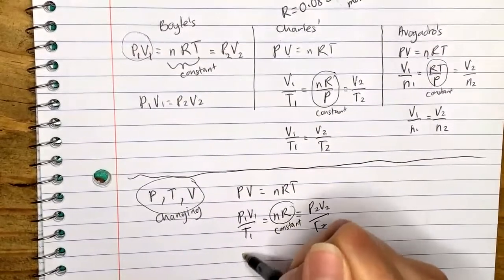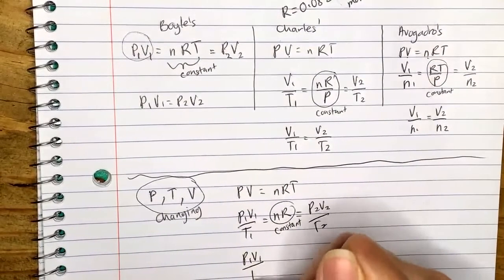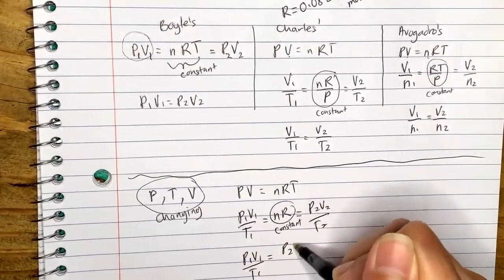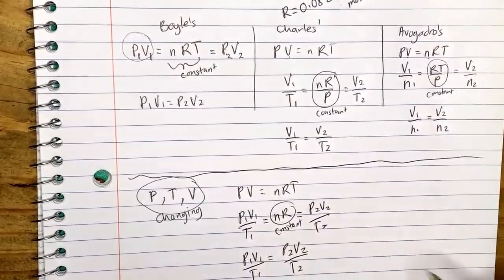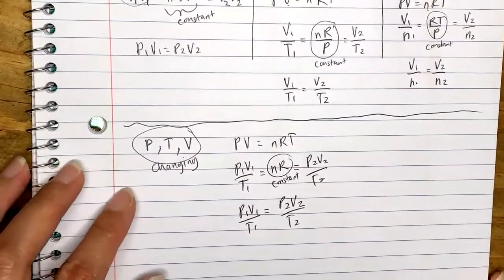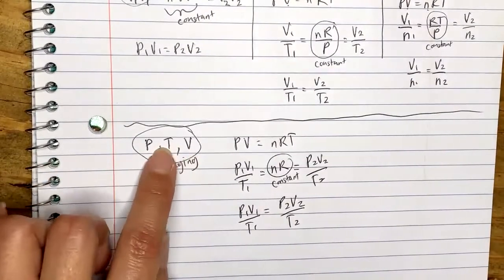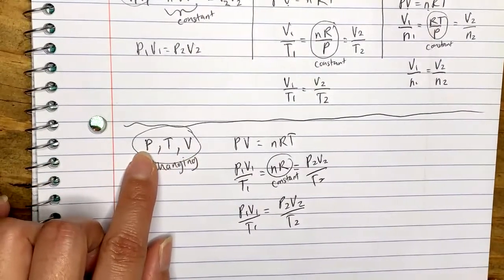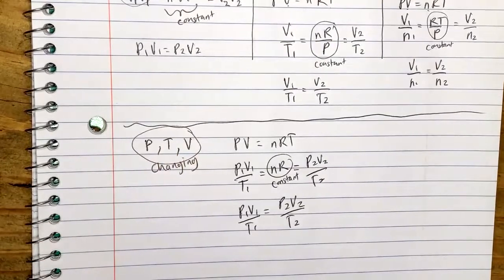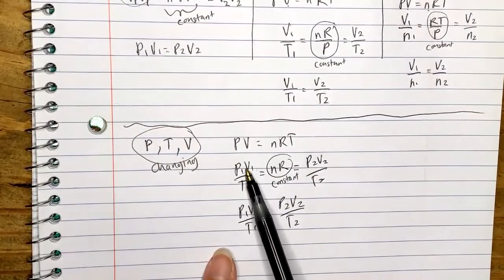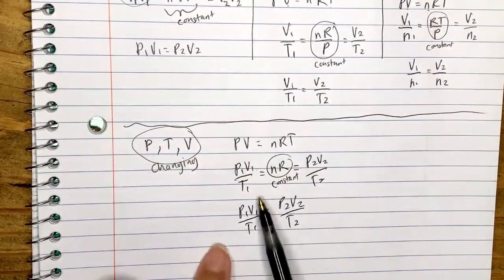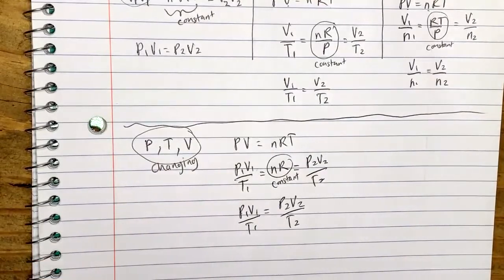So the formula I would use will be P1 V1 over T1 equals P2 V2 over T2. Now the combinations are endless. You could do PV and n, or VT and n, whatever combination you want. You can still write an equation from it, as long as you put the changing stuff on one side and the constant stuff on the other.